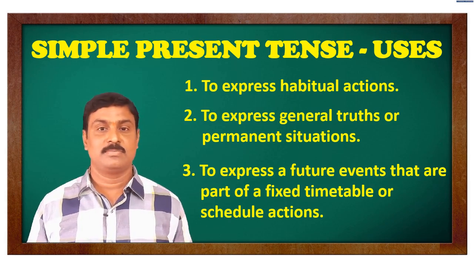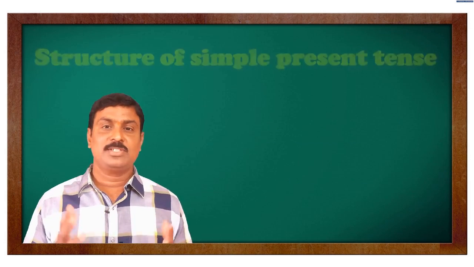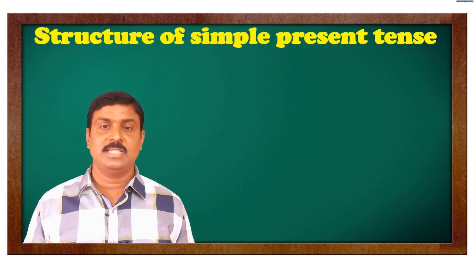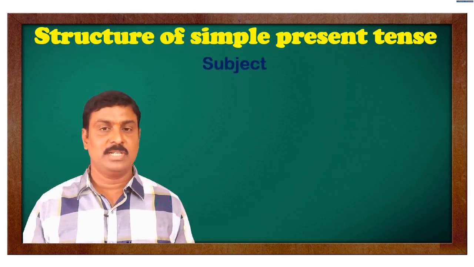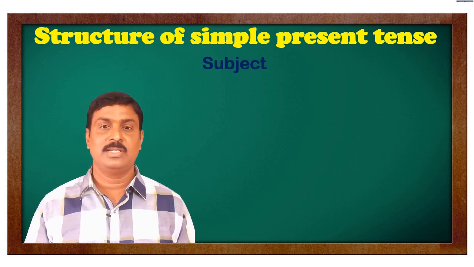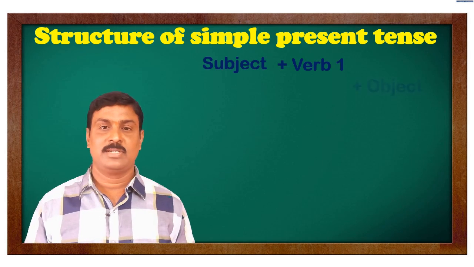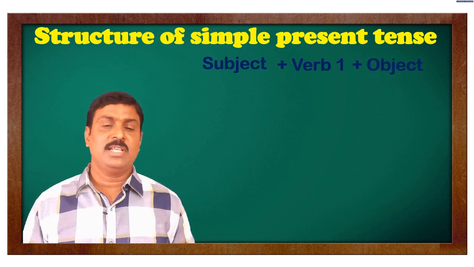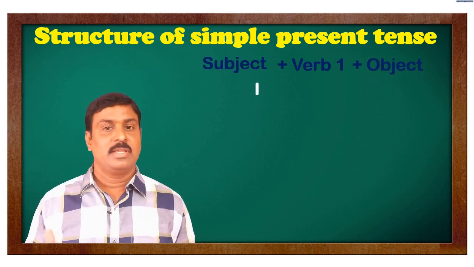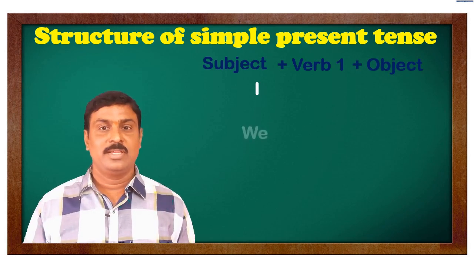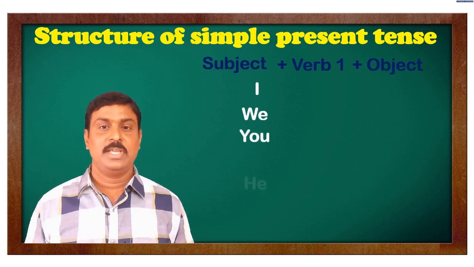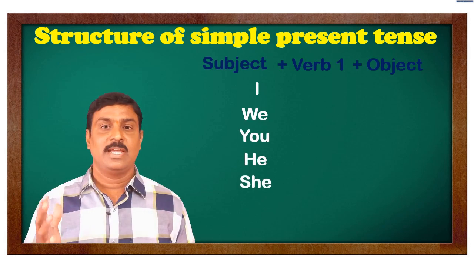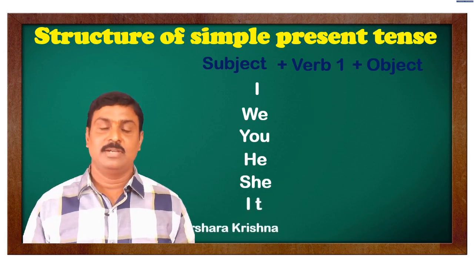Okay, before going to the mainstream, I would like to introduce the basic structure of the simple present tense. The basic structure is, first you take the subject, then verb 1, meaning the base form of the verb, and then the object. The subjects are words like I, we, you, he, she, it, Harshara Krishna.